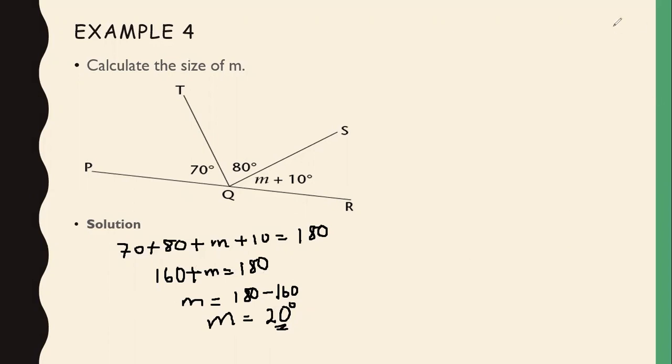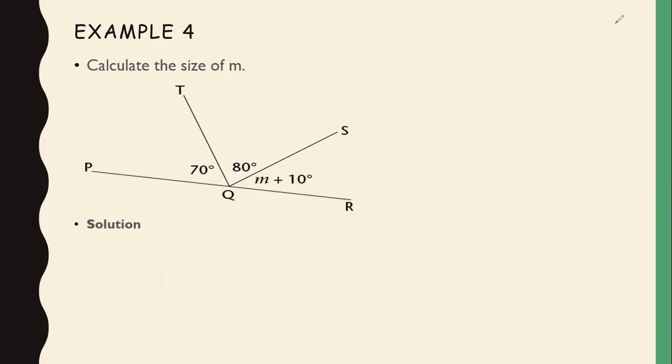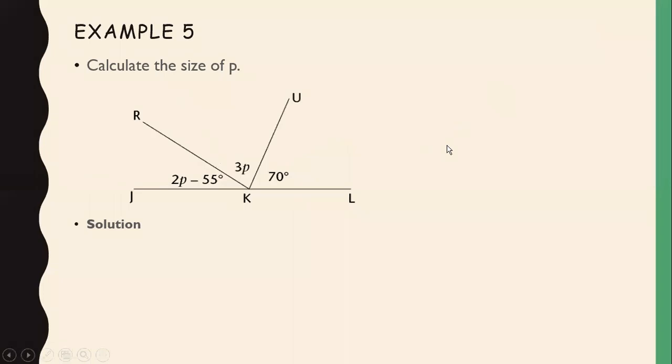Now, let's go to the next question so that we can have a holistic knowledge about this subject matter, that is supplementary angles. Looking at these two, angles on a straight line add up to 180.